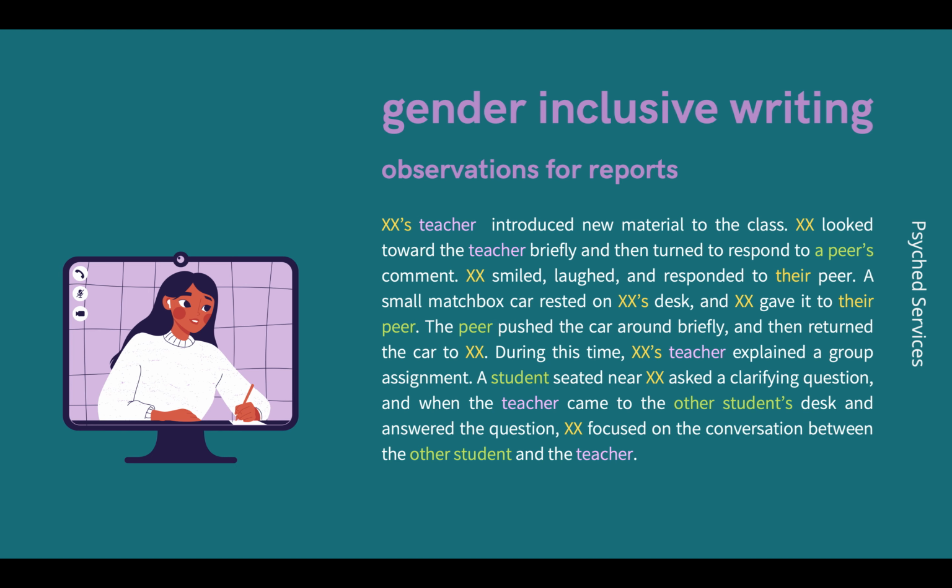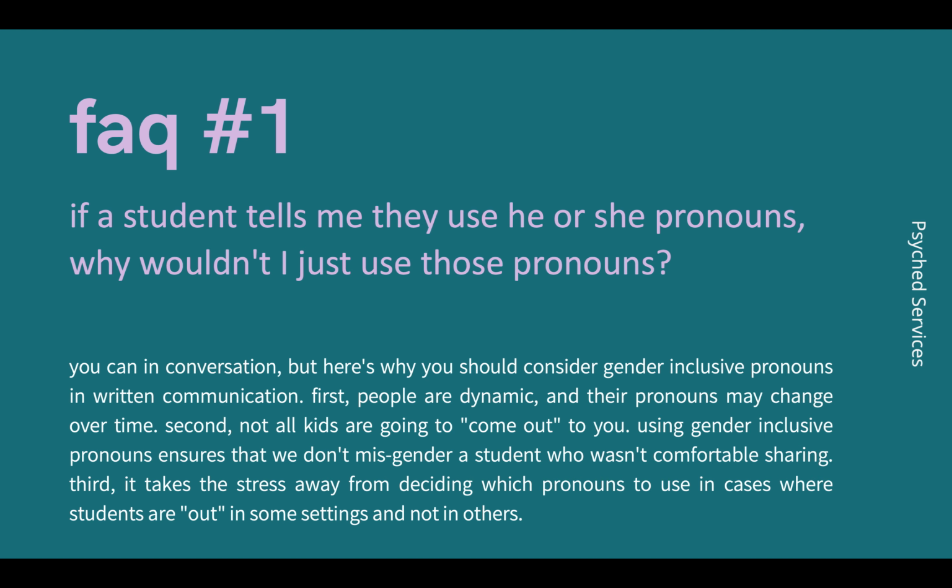Okay. I want to talk about a few frequently asked questions that we have related to gender inclusive writing specifically. And the first question, probably the most common question we get, is that if a student says that they use he or she pronouns, why wouldn't I just use those pronouns?